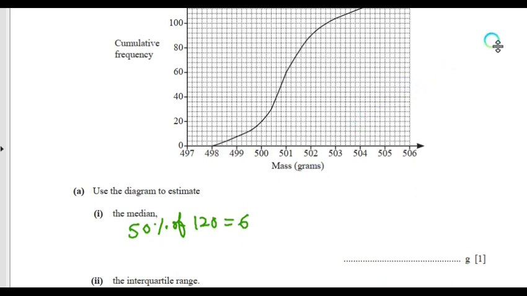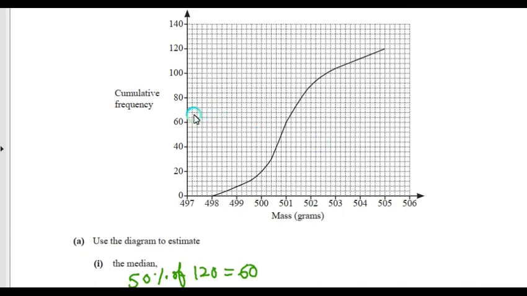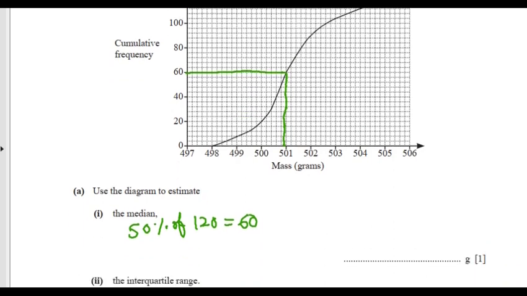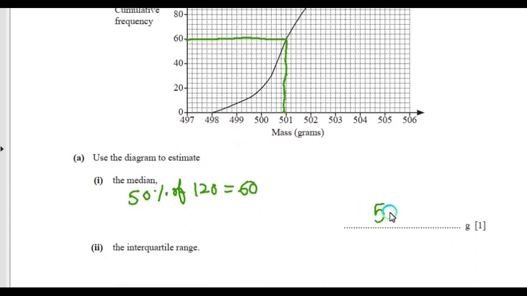So we have to look for the mass at 60. So this is 60, and the corresponding mass is this, which is exactly 501, right? So this will be the median.